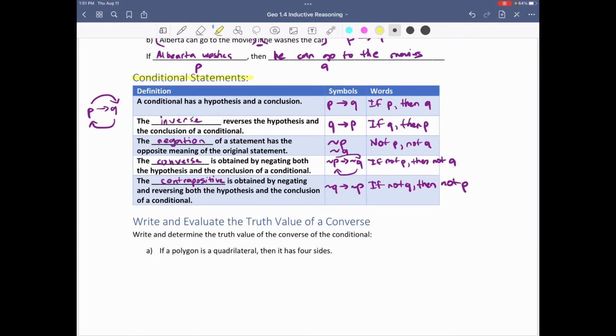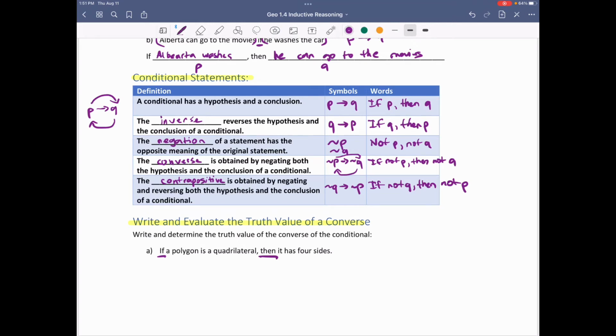Okay, and now we will be writing and evaluating the truth value of a converse. So we will take this example A, and the statement of that states, if a polygon is a quadrilateral, then it has 4 sides. Here we have our keywords again, if and then.